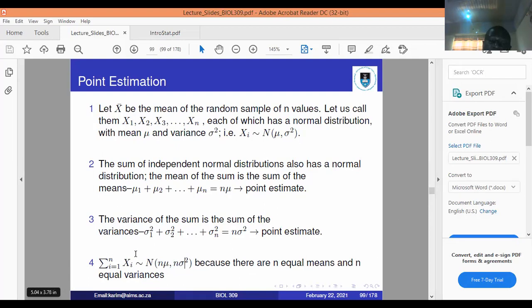Now we are talking about the mean. If we divide the summation of xi by n, what do we get? We get the mean, isn't it?